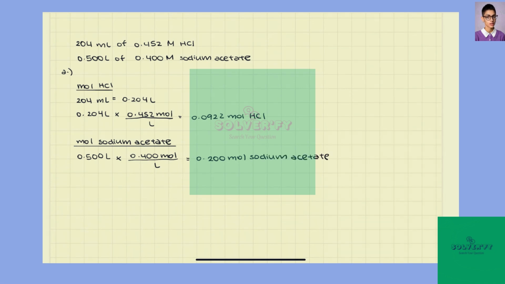If we compare these two values, we can see that the number of moles for HCl is less than the number of moles for sodium acetate. So we know that HCl is the limiting reagent. It will run out first.